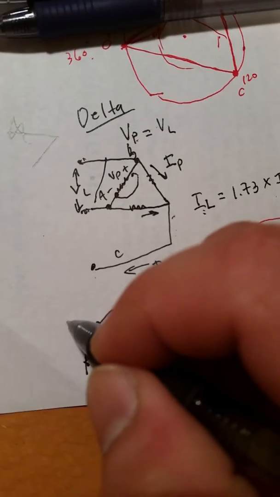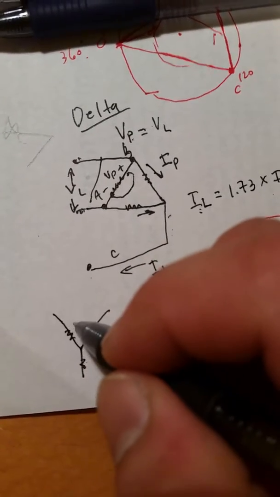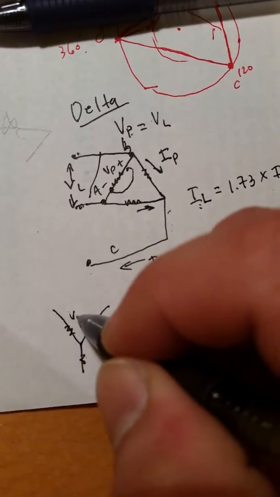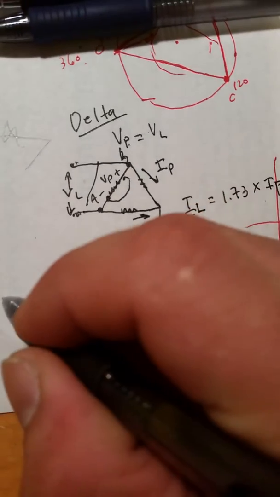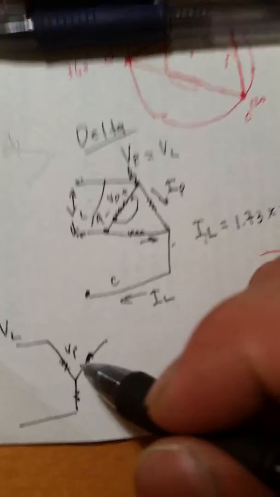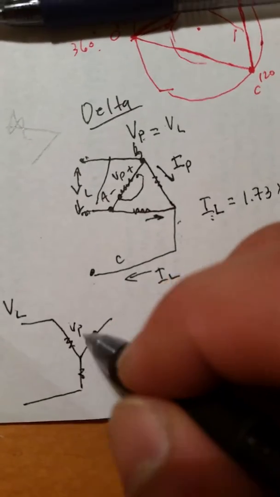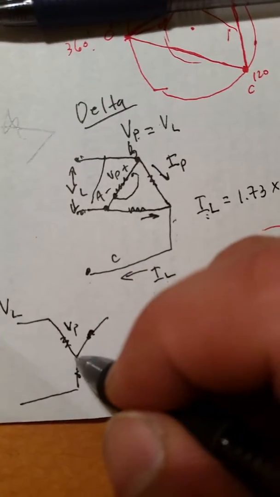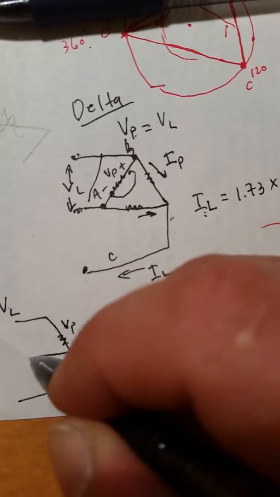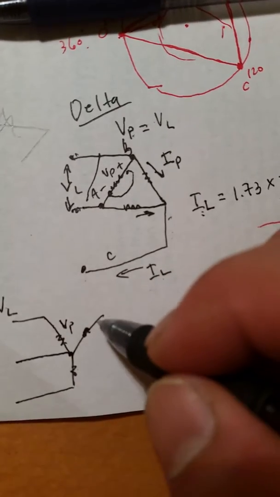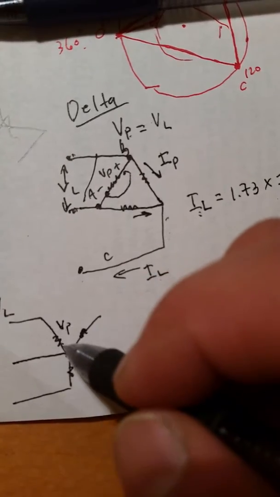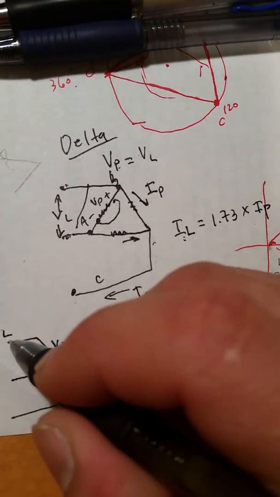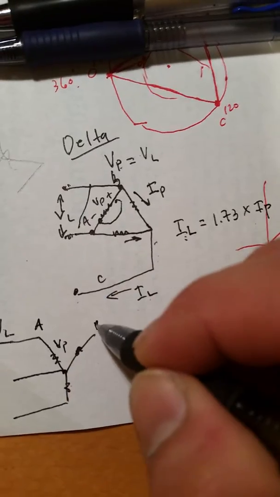So you got your Y system, and then you got your phase voltage, and then you got your line voltage. Let's call this A phase, B phase, C phase.